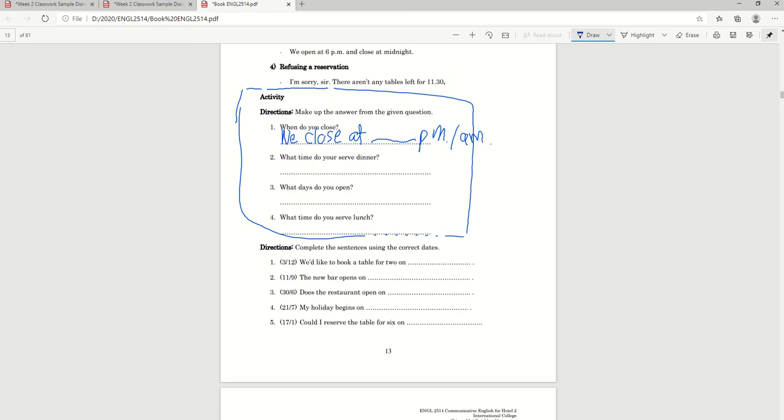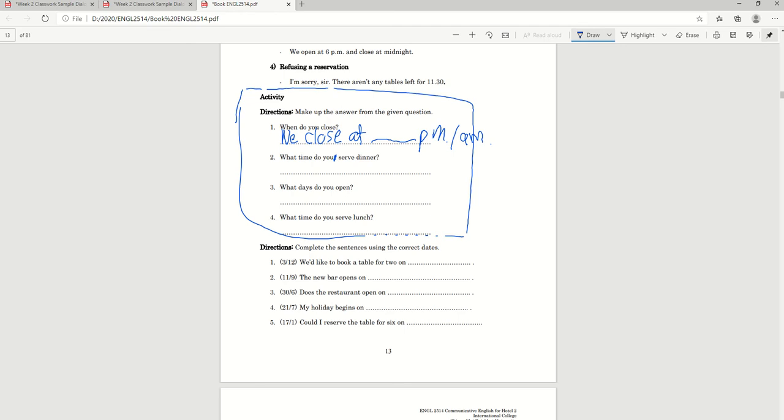What time do you serve dinner? Full sentence. Yes, dinner. You have to think about the time for dinner. Is it at noon? Is it 2 p.m.? Is it 8 o'clock in the morning?